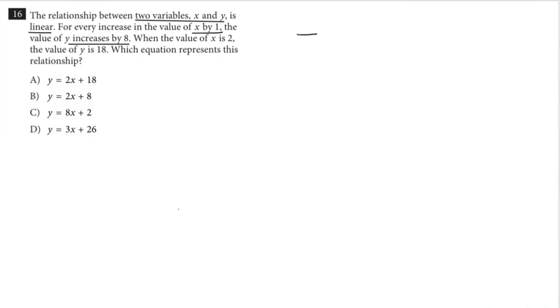So the value of the slope is the change in y divided by the change in x, so it's delta y divided by delta x. If y increases by 8, x increases by 1, so I know that the slope is 8. Well, this is one way of looking at it. I can say that C should be the correct answer, but let's see what else is given there.